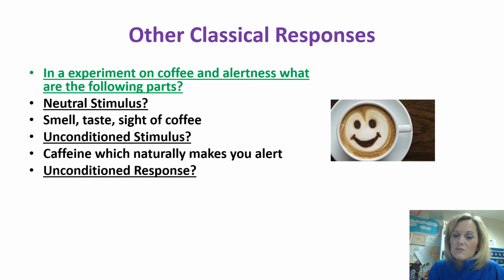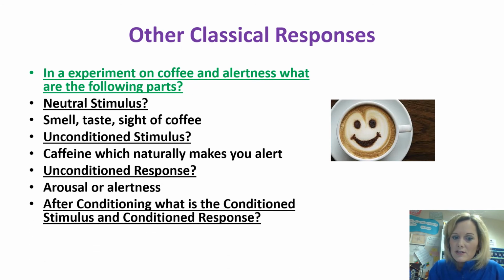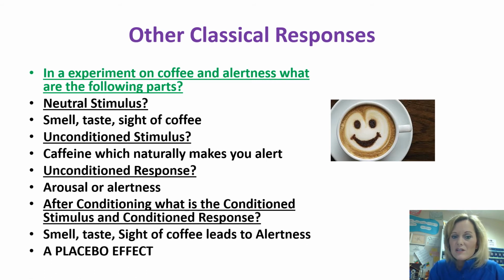The unconditioned response was alertness, and then the conditioned stimulus was the smell and sight paired with actually getting the caffeine and getting alert, and it creates some kind of placebo effect. So it can be very interesting when you're looking at something as strong as coffee, which takes 20 minutes, but that was something new. It didn't have to be something that happened in half a second.